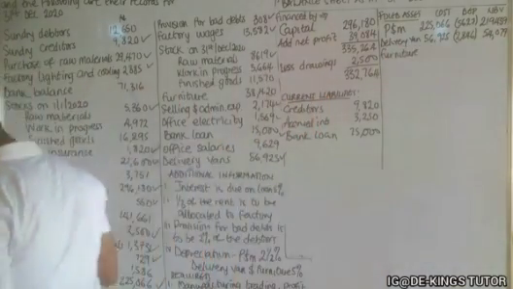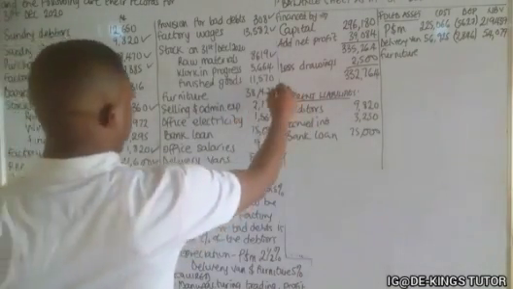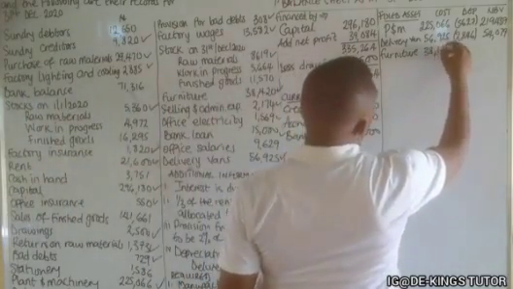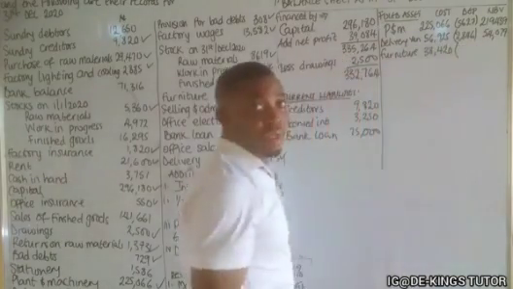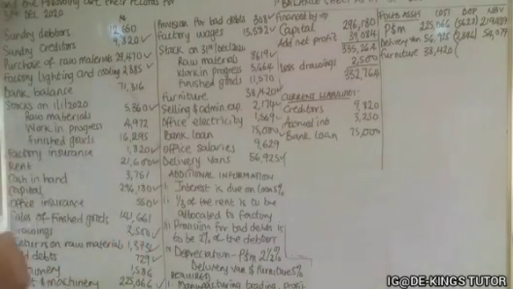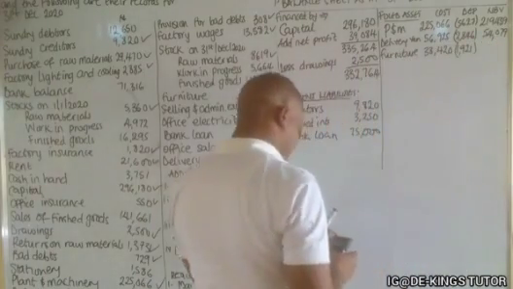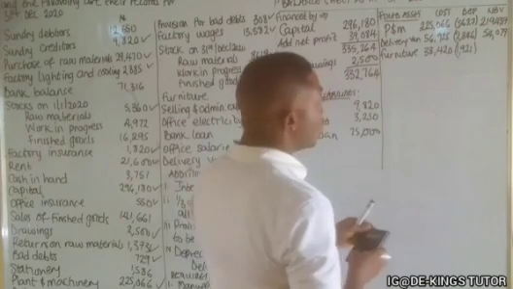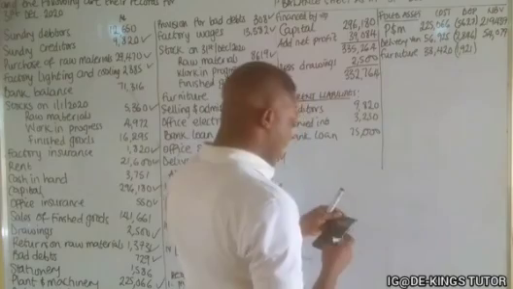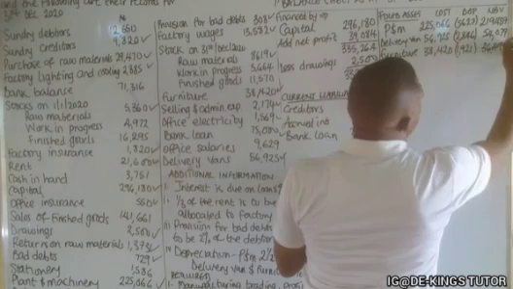Now furniture, the cost for furniture is, look at it there, 38,420, and the depreciation, we've calculated it as 1921. None of them had previous depreciation, so there is no accumulated. So 38,420 minus 1921. So we have 36,499.